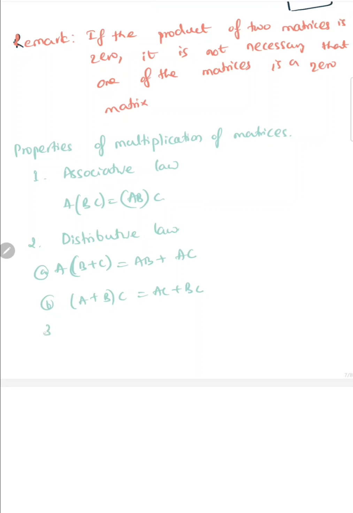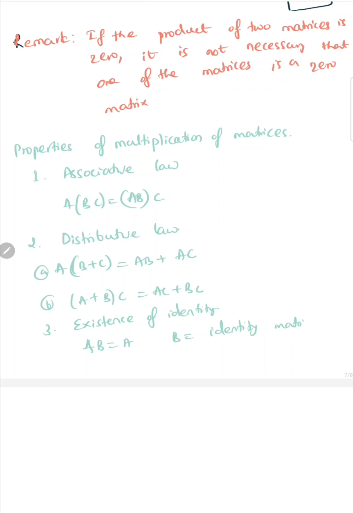Next one is existence of identity. That means, suppose A is a matrix such that there exists a matrix B such that A into B is equal to A, then B is called the identity matrix.